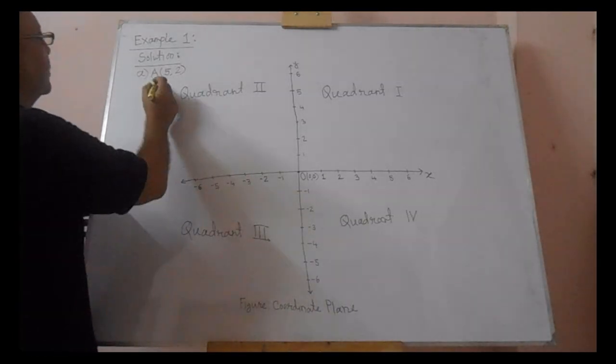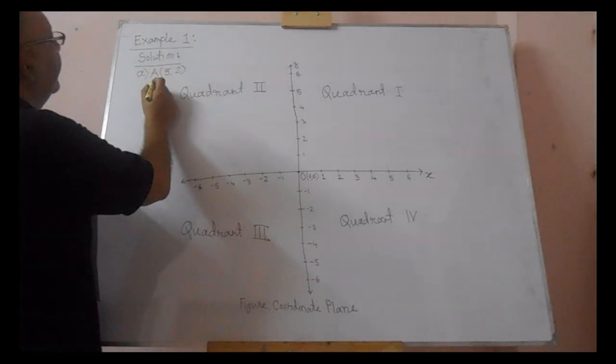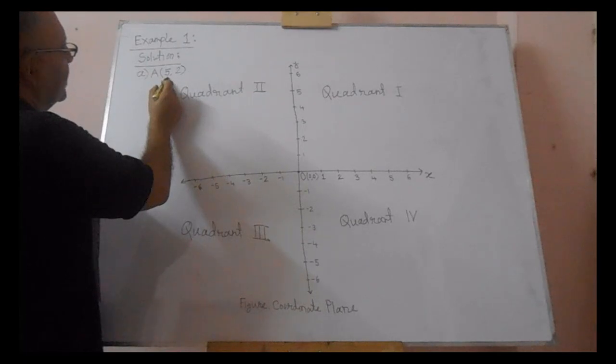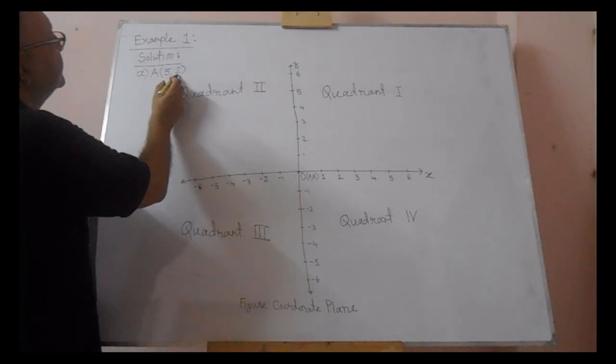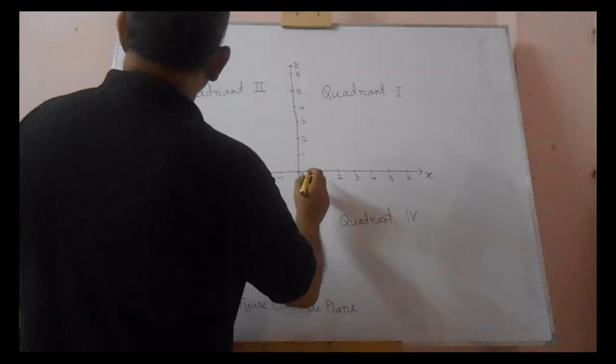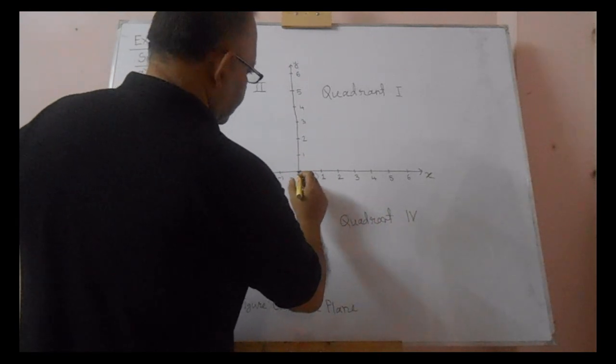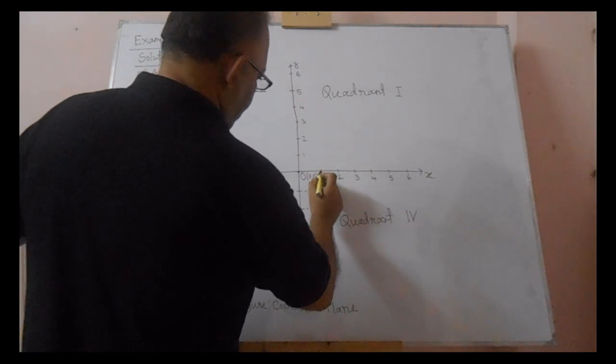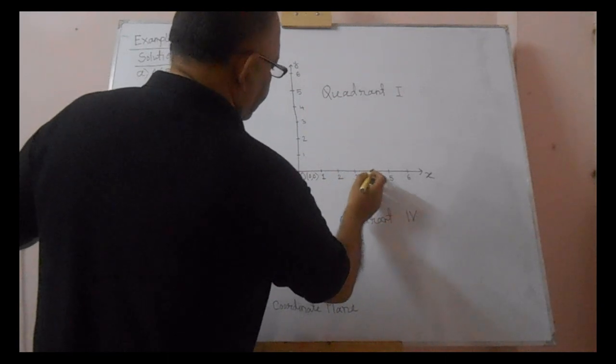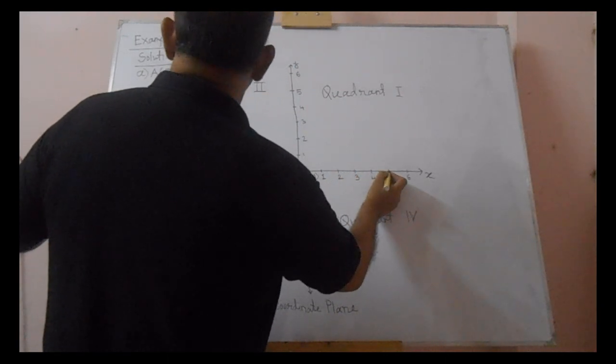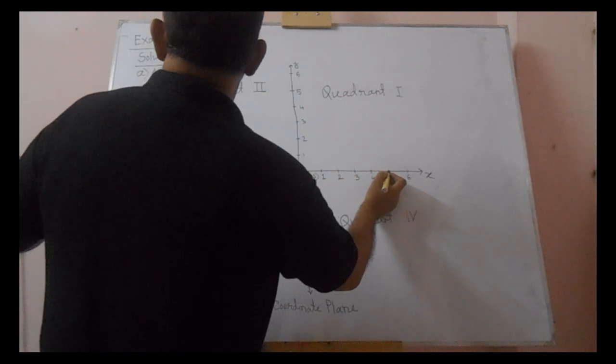For part A, the point is designated as A and the x coordinate is 5 and the y coordinate is 2. Since it's positive 5, we'll go on the right side of the x-axis: 1, 2, 3, 4, 5. And then we have y coordinate equals 2.